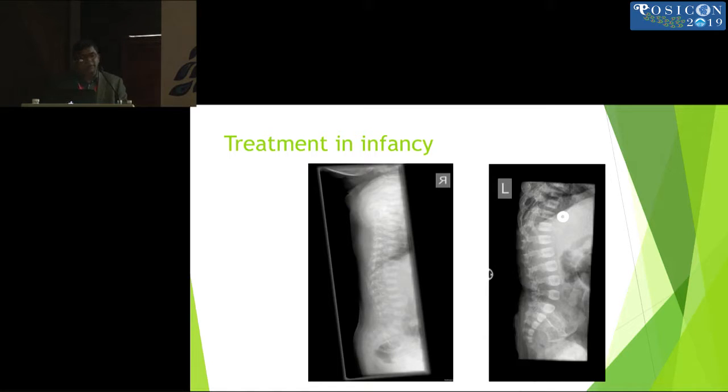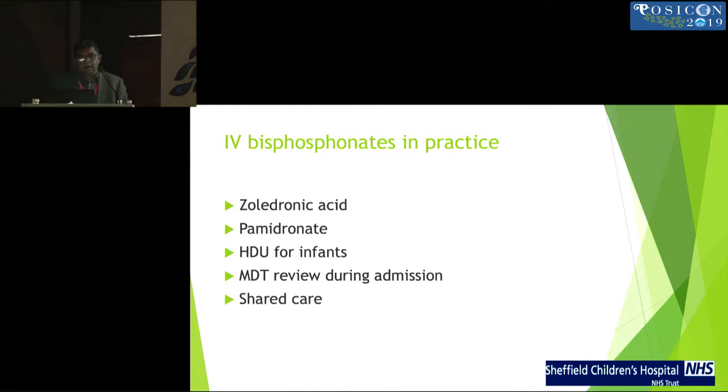In Sheffield, we start treatment as early as possible, basically at the time of infancy. The bisphosphonates we use IV in practice, in the earlier days it was pamidronate, but now we have switched to zoledronic acid, and it requires high dependency unit monitoring for infants because they can cause problems. A multidisciplinary team is required, and also shared care.